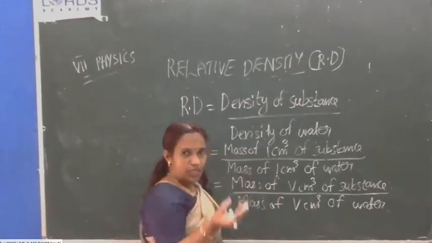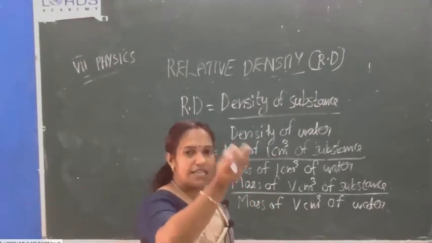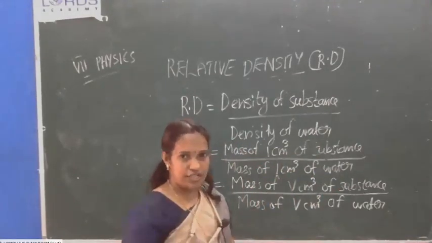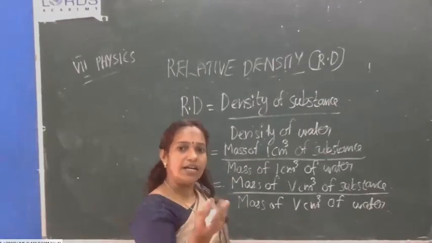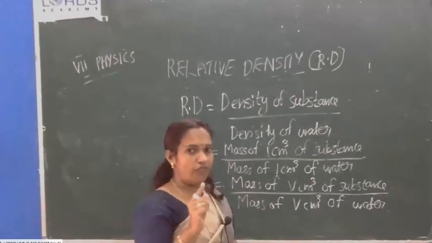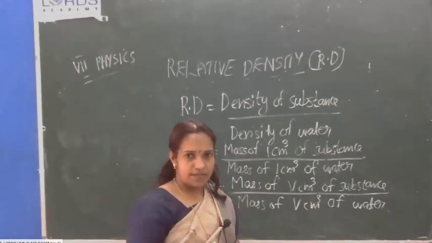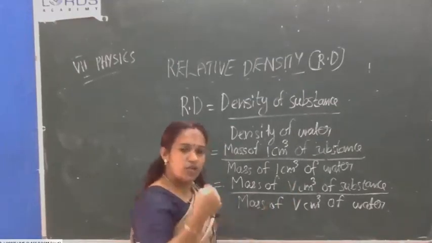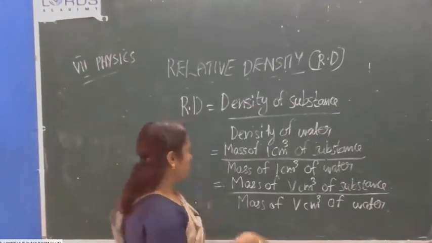In a beaker, take 75 ml of milk, place it on the balance and measure its mass. In the same beaker, take 75 ml of water and measure its mass. Clear?